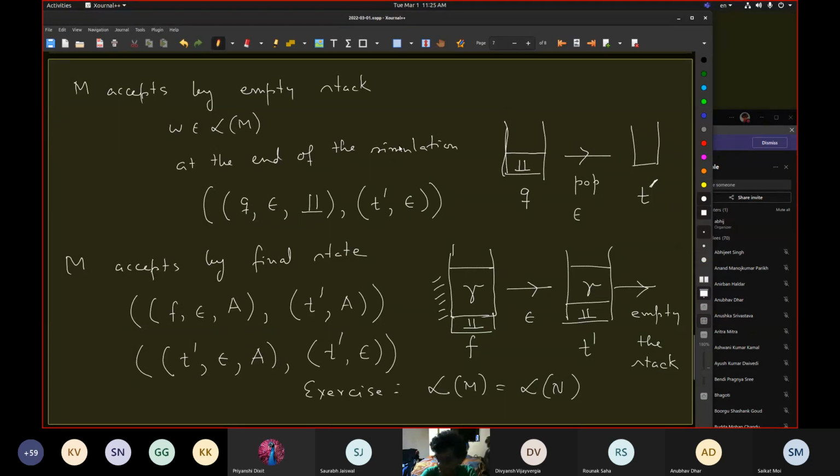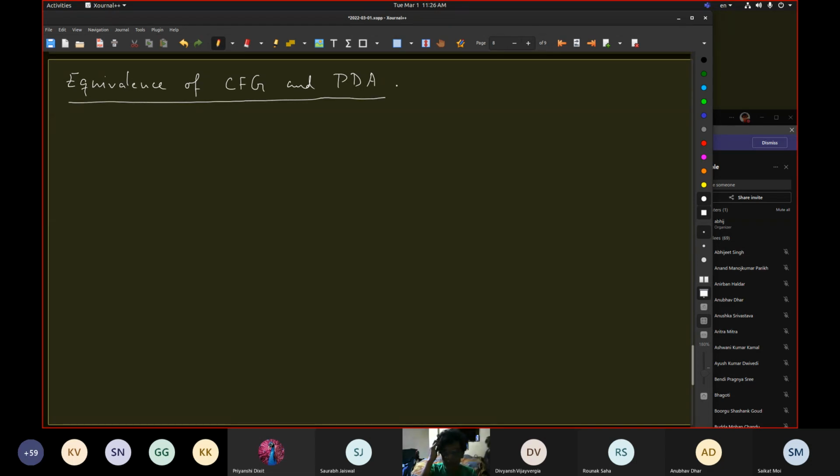The next topic, slightly more complicated in one direction. Anyway, we will have to do it. So this topic is equivalence between context-free grammars and push-down automata.